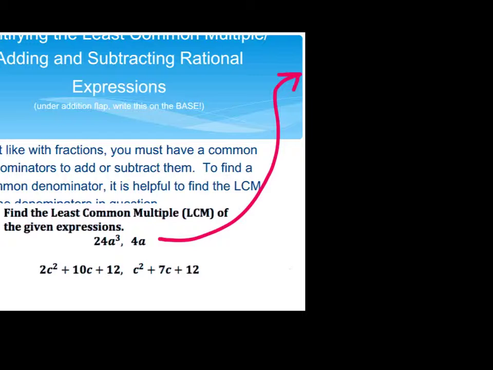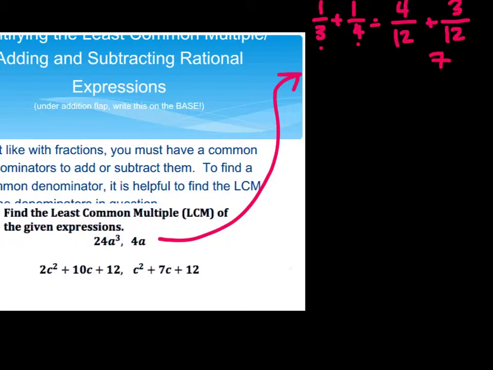Just like when we are adding 1/3 plus 1/4, we can't actually do any of the addition until we find a common denominator. A common denominator between 3 and 4 would be 12. That is the smallest number that is a multiple of both of those numbers. So 1/3 would be rewritten as 4/12, and 1/4 would be rewritten as 3/12.